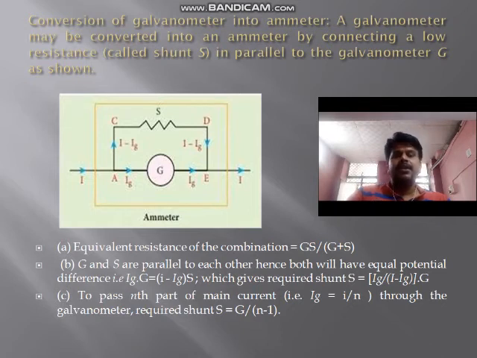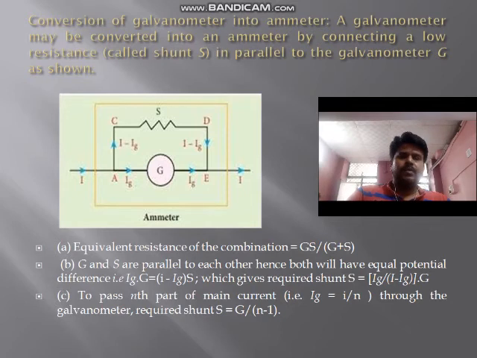Therefore, the voltage drop across the shunt is I minus Ig times S. To pass the nth part of the main current through the galvanometer, the shunt is equal to G upon N minus 1.